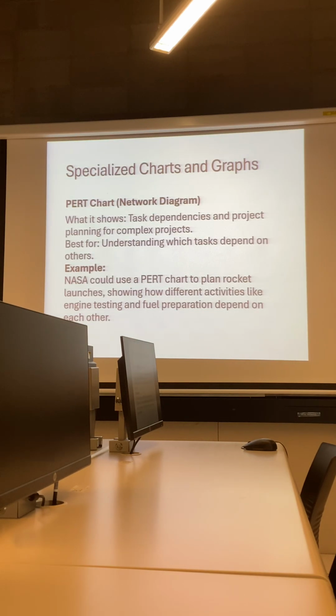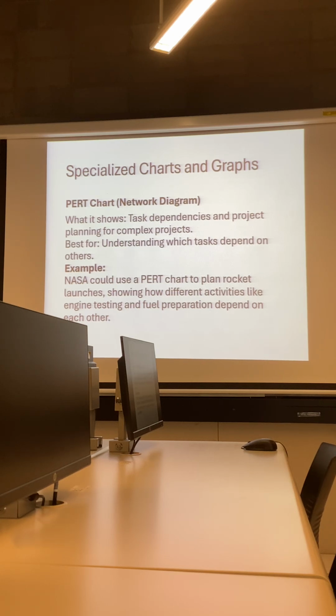Okay, now there is another chart. The name is PERT chart or network diagram. I think in the first year, when you took the management class, I already told you how to create a PERT diagram, the one that has a lot of branches. A PERT chart or network diagram shows task dependencies and project planning for complex projects.